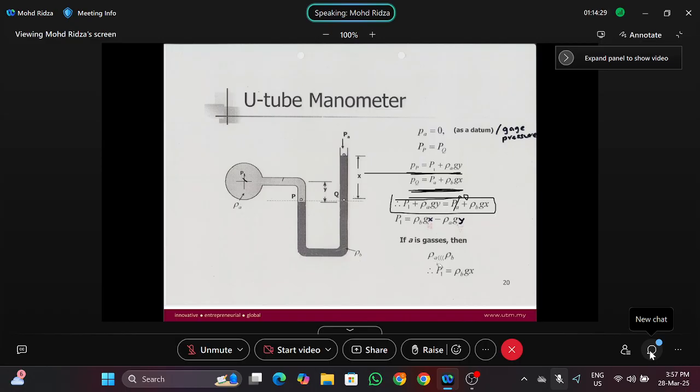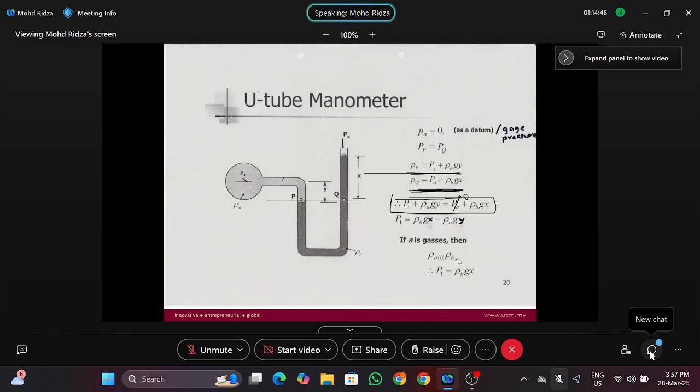So rho of A is so small compared to rho of B. Let's talk about water: the density of water is 1000 kilogram per meter cube, while air is only about 1.